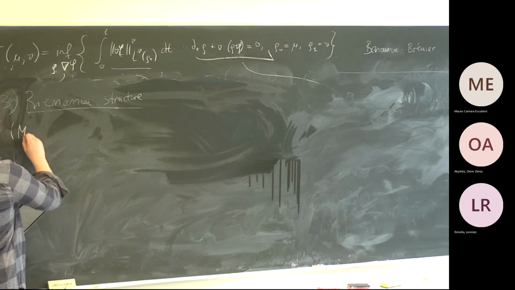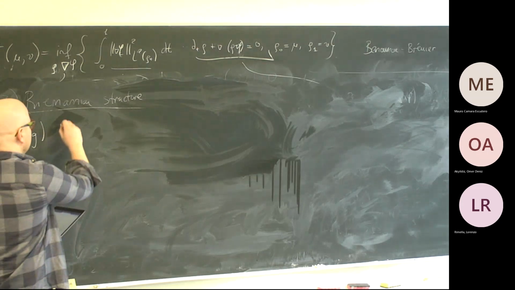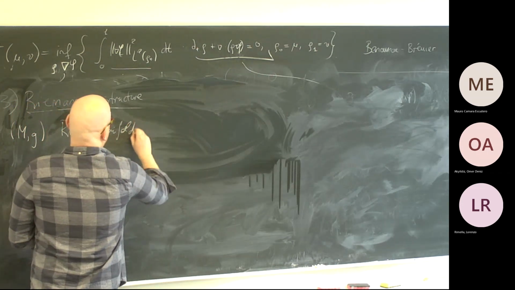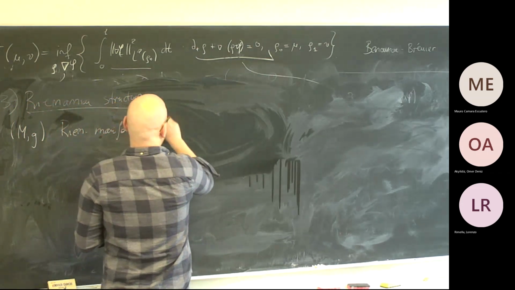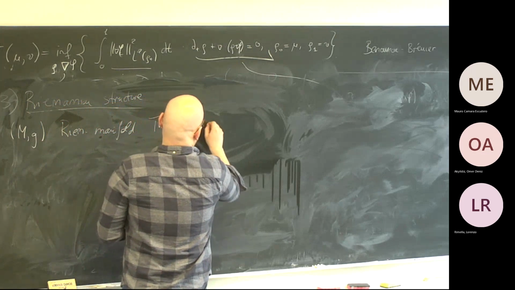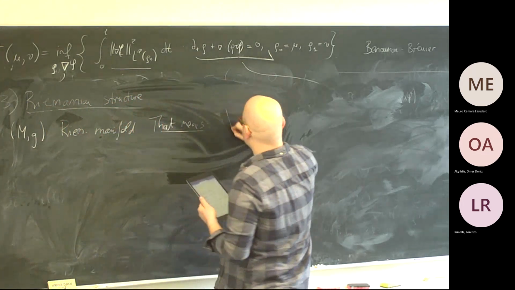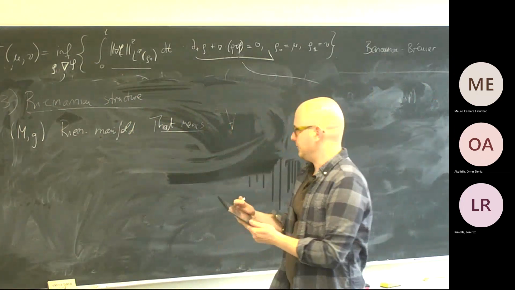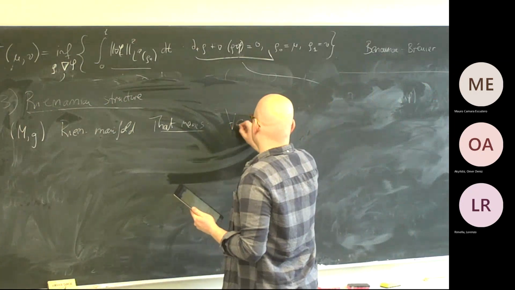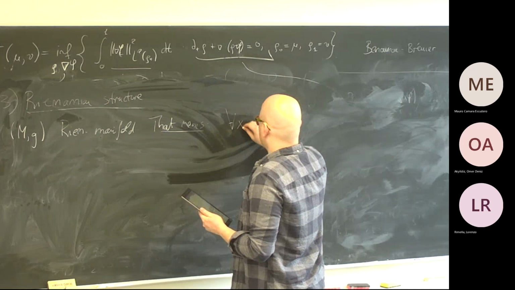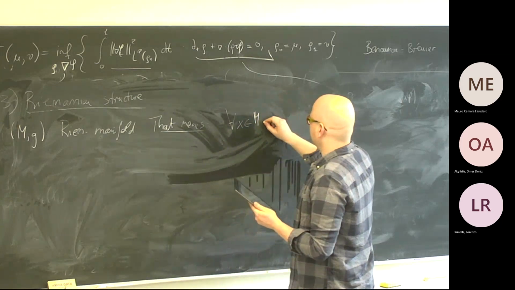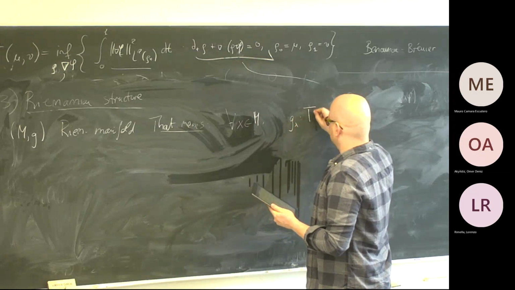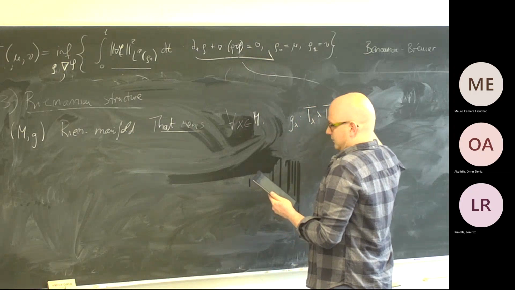So people write M, g is a Riemannian manifold. And so that means, okay, the manifold is a kind of a curved space, and for every point in this space, there is an inner product, a scalar product, on the tangent space.